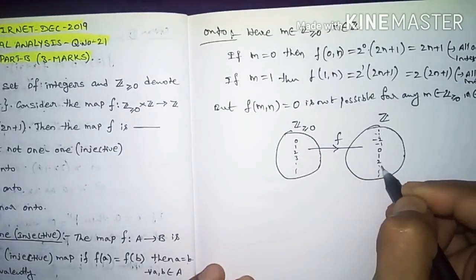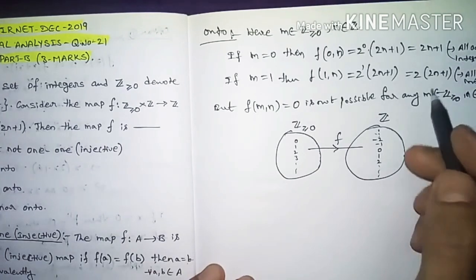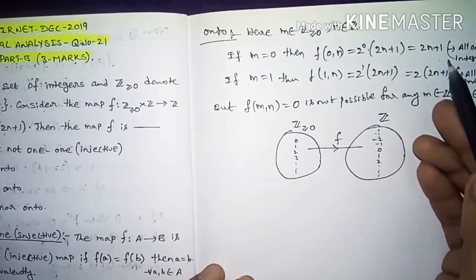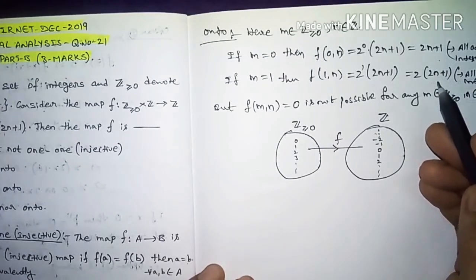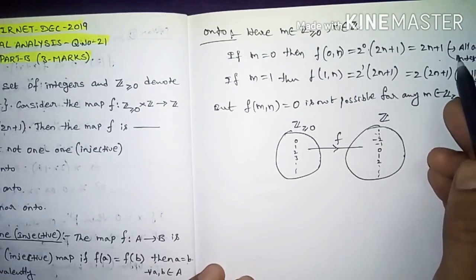So here we have even integers and odd integers, that is either negative even integers, positive even integers, positive odd integers or negative odd integers.